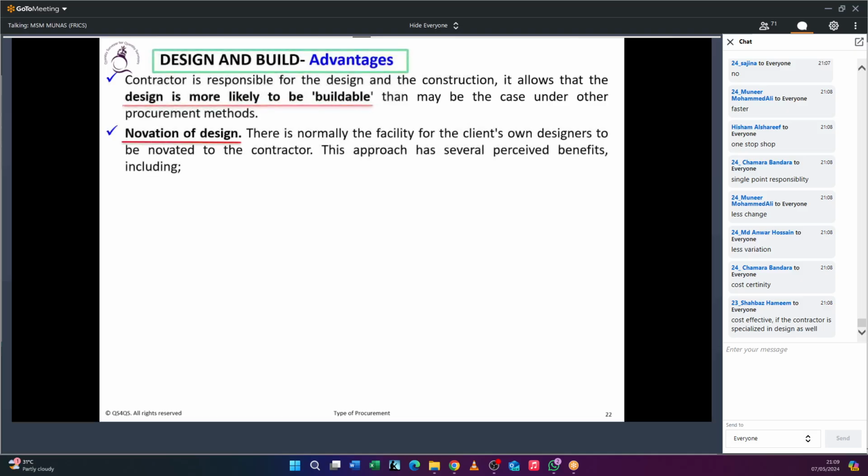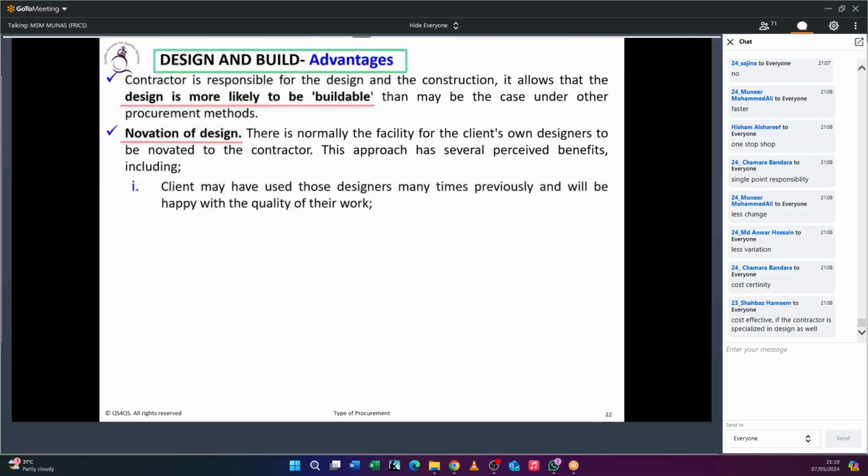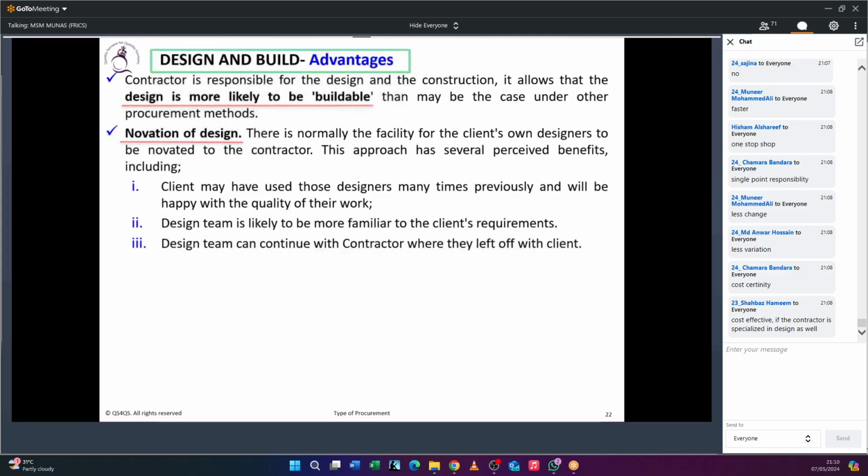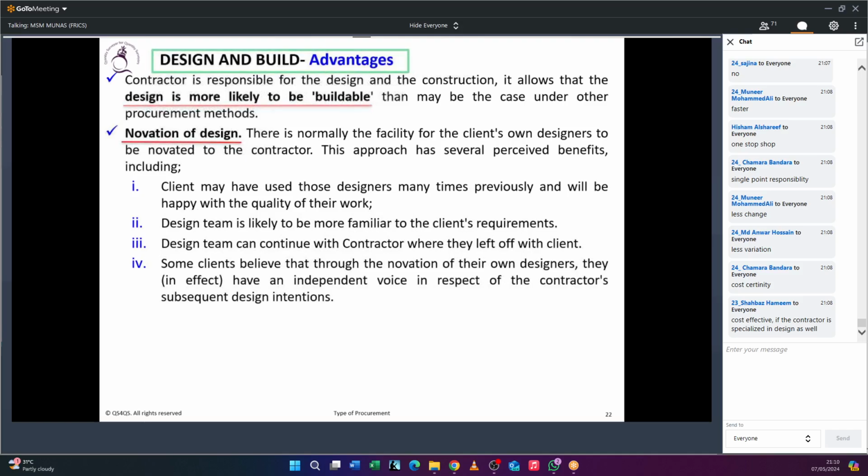And there is innovation of the design, so when the innovation happens, then the client's design team will stay with the contractor to give the best to the client. That benefits the contractor because they know what the employer thinks, they are familiar with the employer requirement, so they can continue with the contractor from where they stopped with the employer, so easy.